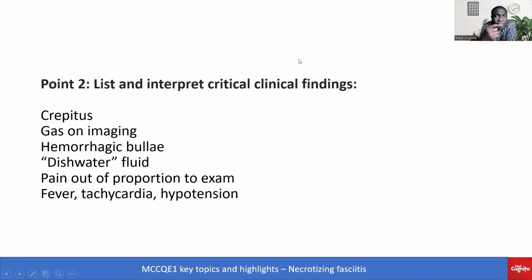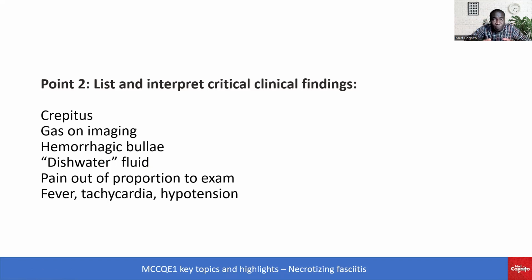And another point this objective wants you to know is list and interpret critical clinical findings. Remember, critical clinical findings are quite different from lab investigations. So when somebody has necrotizing fasciitis, what will you recognize? You recognize crepitus. You'll also recognize some gas on imaging, and the gas is what will give you the crepitus. You may note some hemorrhagic bullae as well.